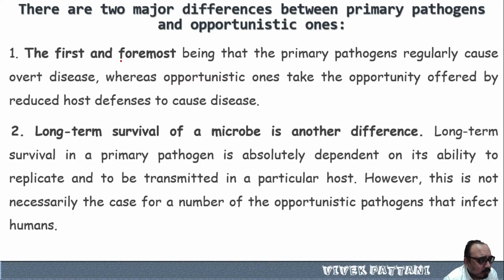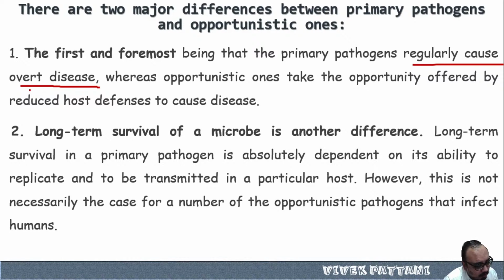So what are the two major differences between primary pathogens and the opportunistic ones? The first and foremost is that a primary pathogen is a regular cause of disease.